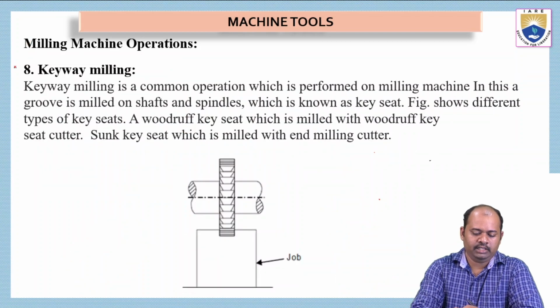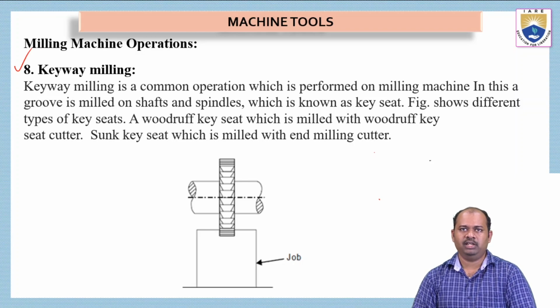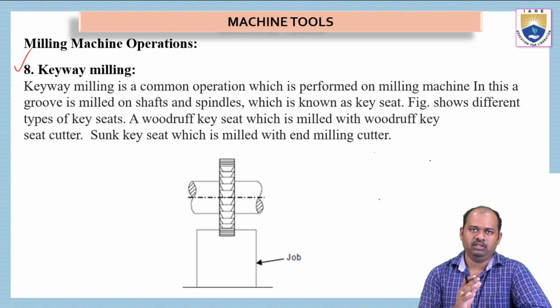And then the eighth type of milling operation is keyway milling. Keyway milling is a common operation performed on a milling machine. In this, a groove is milled on shafts and spindles. Keyway milling is nothing but milling a keyway on the workpiece.